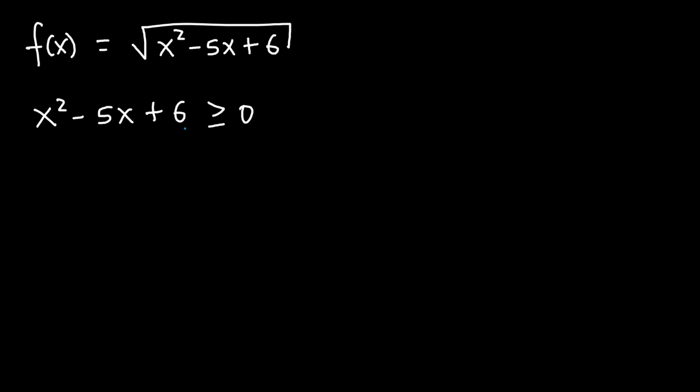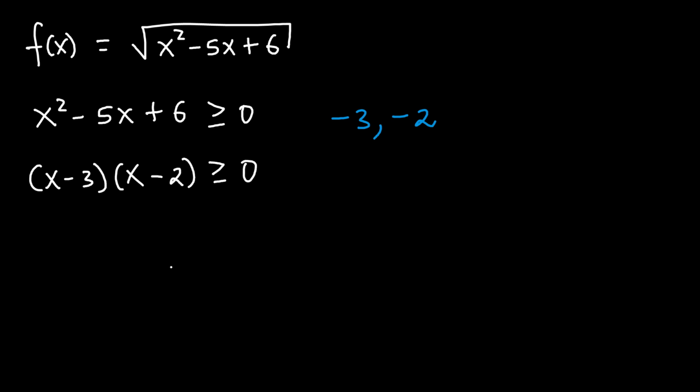To solve it, we need to find two numbers that multiply to +6 and add up to -5. Those two numbers will be -3 and -2. -3 times -2 will give you +6, and then -3 plus -2 will give you -5. So this will become (x - 3) times (x - 2) greater than or equal to 0.